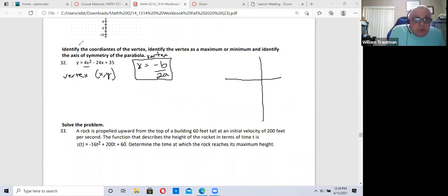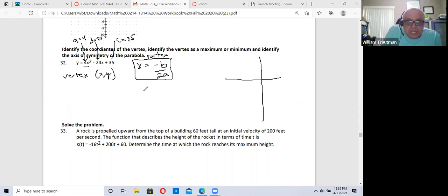And if you remember, a is the number in front of the x squared. a equals 4. b is the number in front of the x. b is negative 24. And then c is the number without the x, but we're not even using c for the vertex. We're just using a and b.